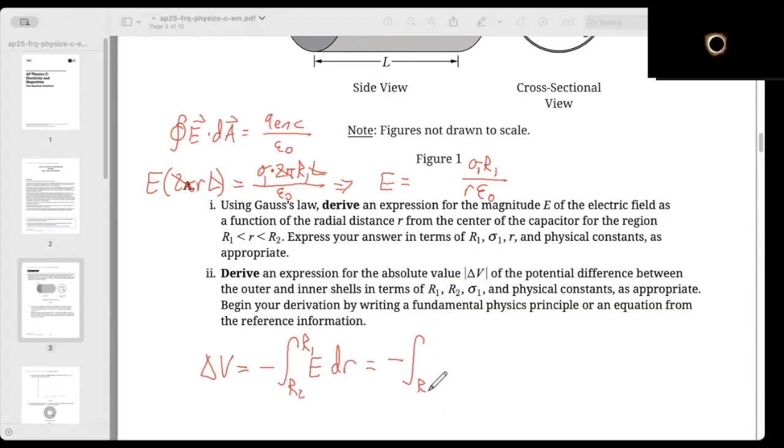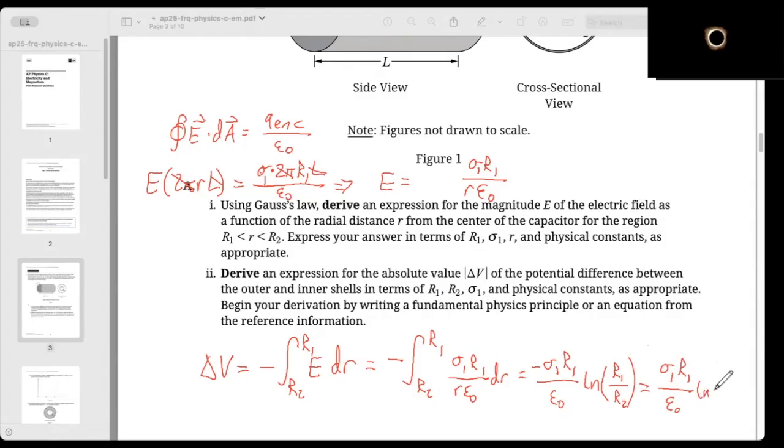So that's going to give us negative integral from R2 to R1 of sigma 1 R1 over r epsilon naught dr. And that's going to give you negative sigma 1 R1 over epsilon naught natural log of r, which will just give us natural log of R1 minus natural log of R2, so R1 over R2. But notice that R1 is less than R2, so that natural log is going to be negative. That's equivalent to us saying sigma 1 R1 over epsilon naught ln of R2 over R1, which is now positive.